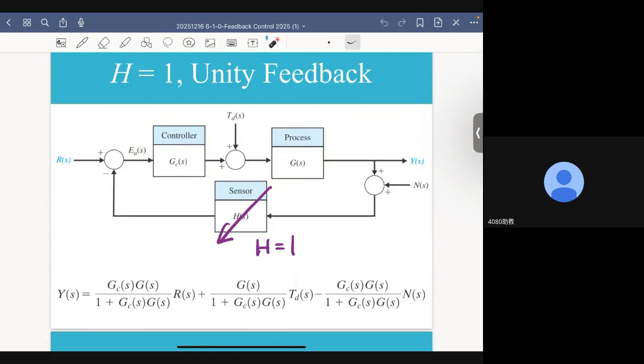Then it can be shown that the actual, real output of this so-called unity feedback control system is actually this. So what the output really is depends on three different inputs.